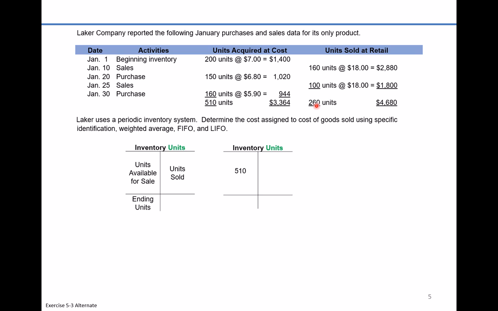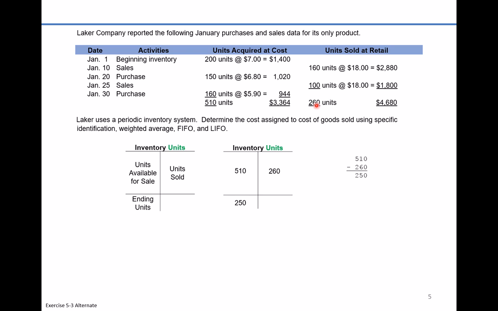So how many units did they sell altogether? They sold 260 units. Well, if they started with 510 units and they sold 260, how many units have to be left in ending inventory? Well, 510 minus 260, ending inventory is 250 units.